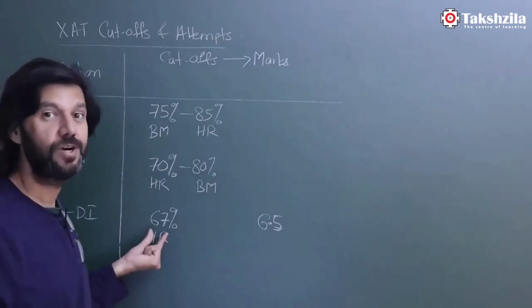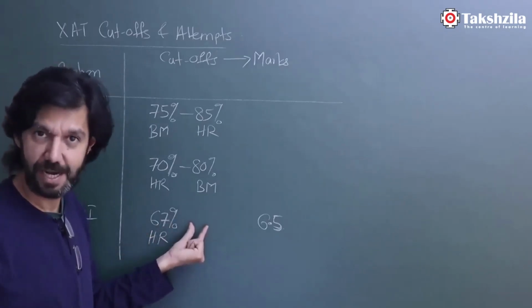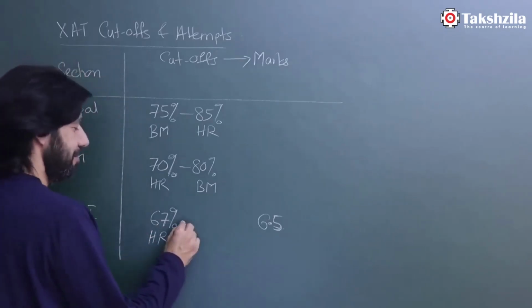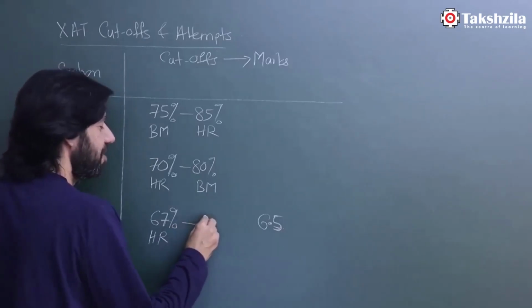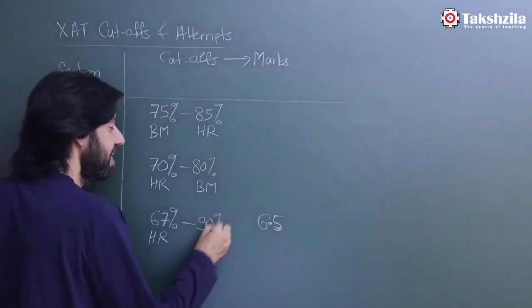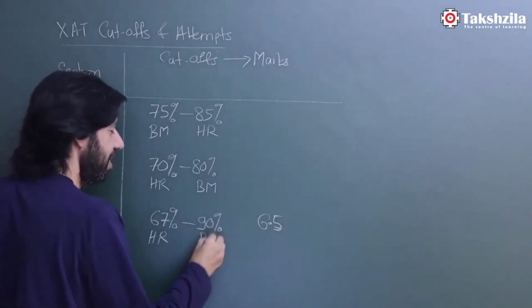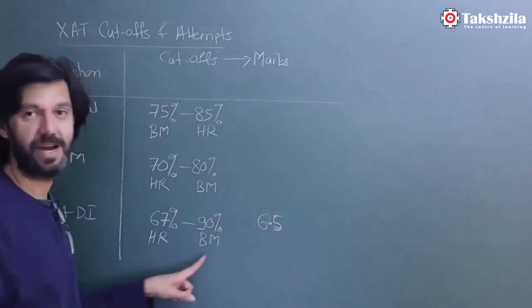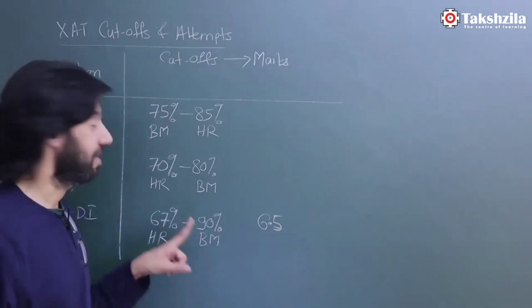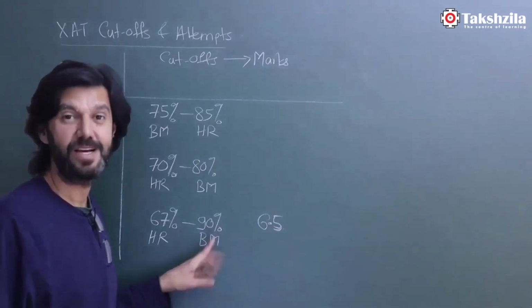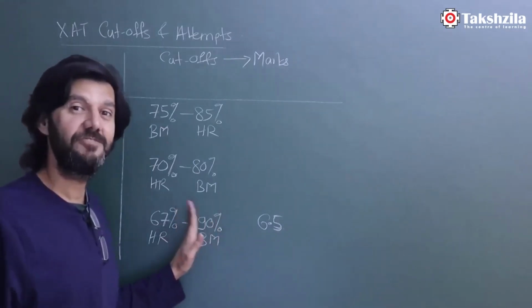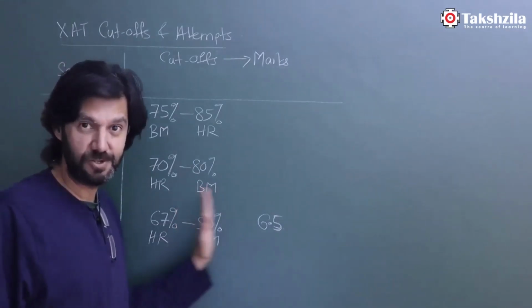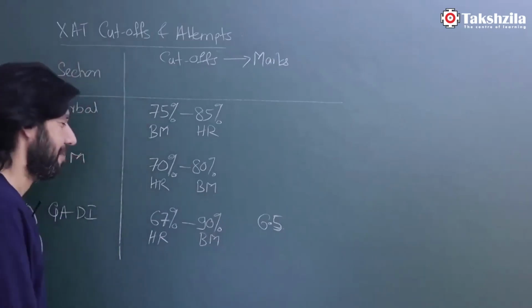Boys for HR would need around 72 percentile. And the interesting bit, the cutoff is as high as 90 percentile for boys applying to BM program. Girls applying to BM program, the cutoff is 75 percentile, a difference of almost 15 percentiles there.